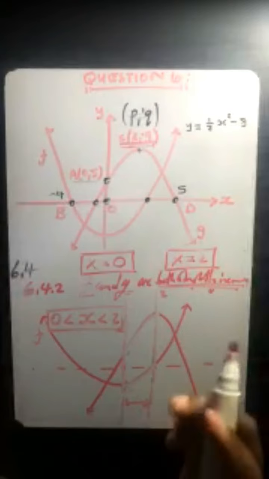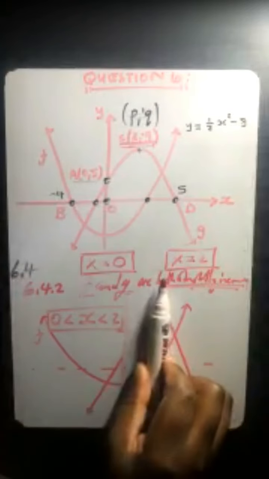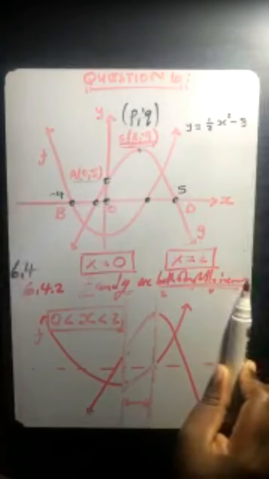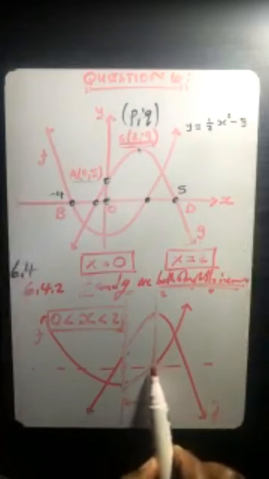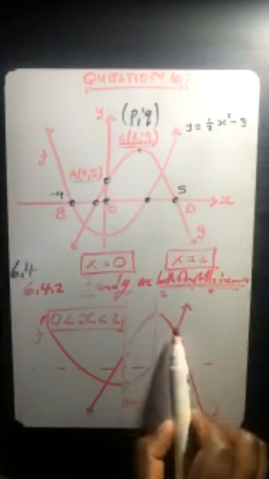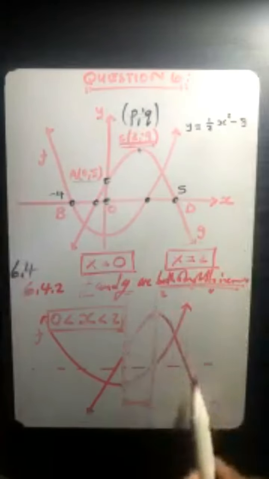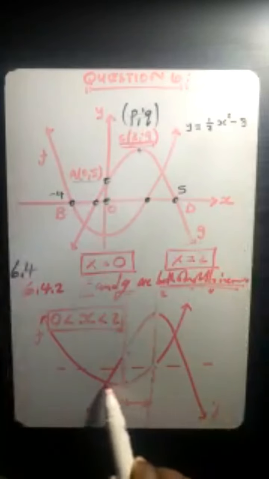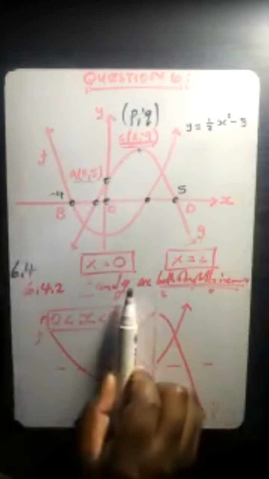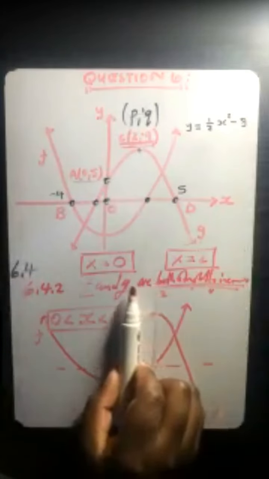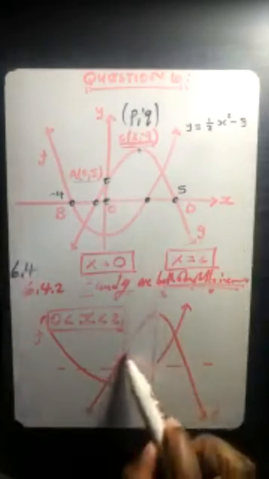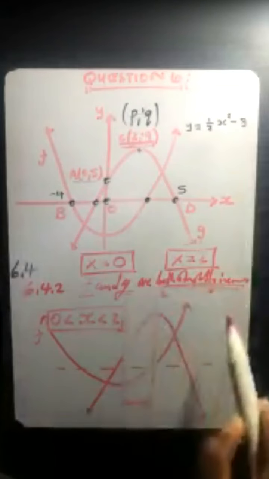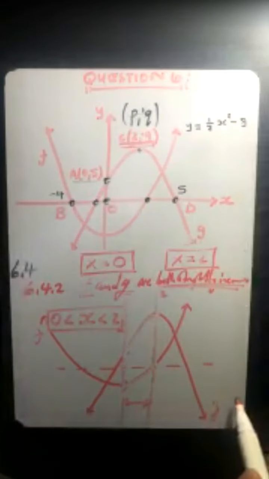So from this point on this direction, they are not both in the same direction. The other one is going up, the other one is going down. Also on this side, the other one is going down, the other one is going up. But between these two x values, both of them are increasing, which is what they wanted.